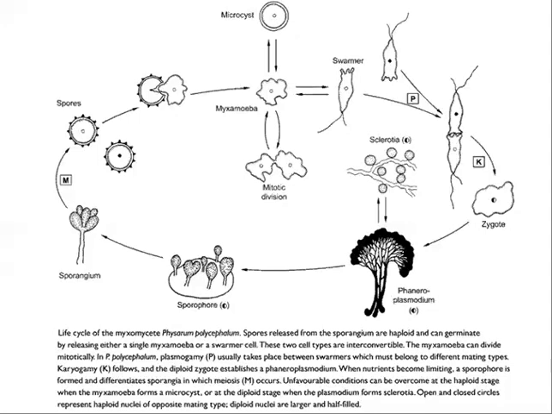The plasmodium can survive adverse conditions by turning into a resistant sclerotium. So sometimes sclerotia are formed. These are the resistant structures which are formed under unfavorable conditions in the diploid state.